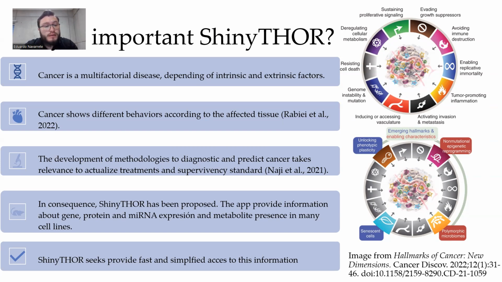In consequence, ShinyThor seeks to provide information with the highest quality about genes, proteins, microRNA expression levels, and metabolic presence in many cell lines. Then, the app seeks to provide fast and simplified access to this information.